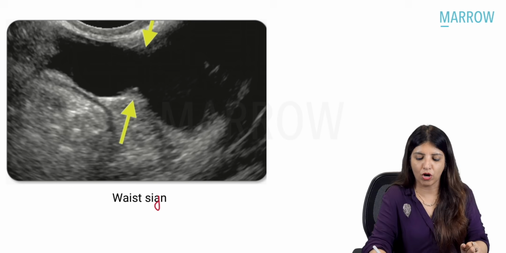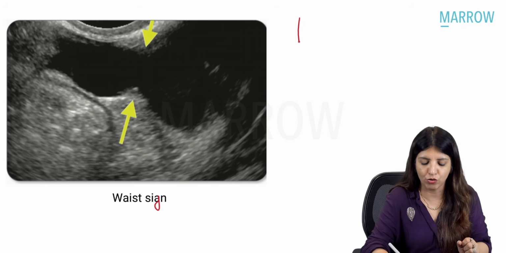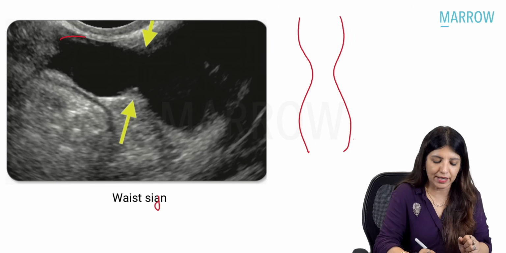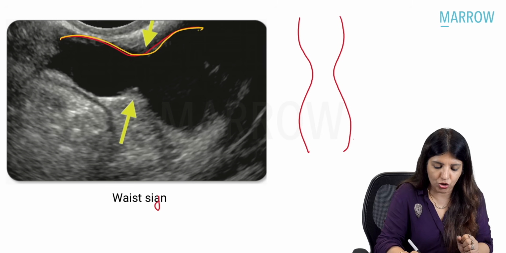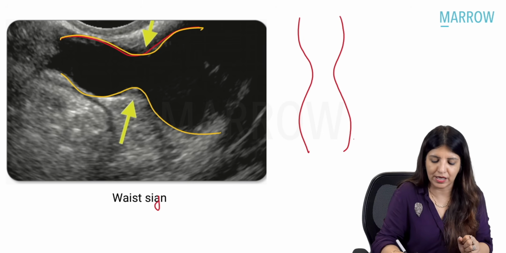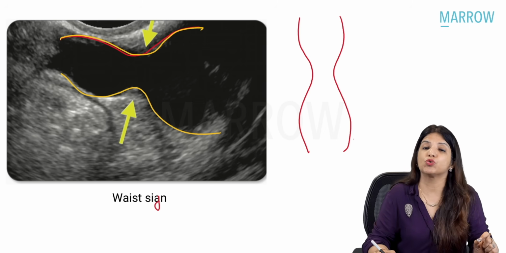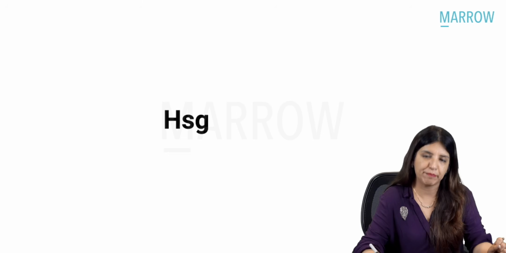Or whenever you have to depict a girl, how do you make? You make a thin waist of a girl like this. Similarly, in case of PID, in fallopian tube, you can get a thin waist like this, and this is what is called the waist sign. So these are 3 signs which you can get on ultrasound in case of PID.